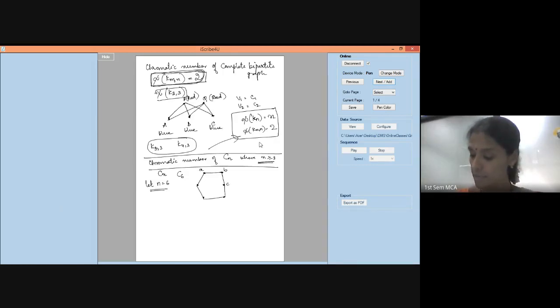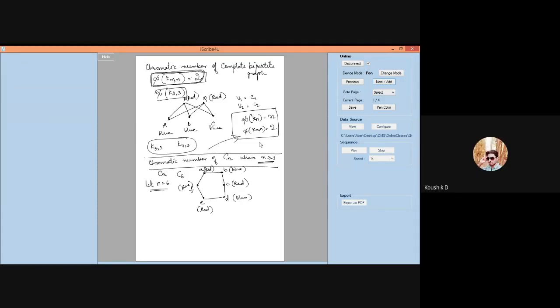A, B, C, D, E, F. This is called C6. How many colors are required to color this? Let us start with the first vertex, red. I cannot give red to B. B, I will make it blue. C, I can make it red. D, I can make it blue. E, I can make it red. F, I can make it blue. So, how many colors are required?